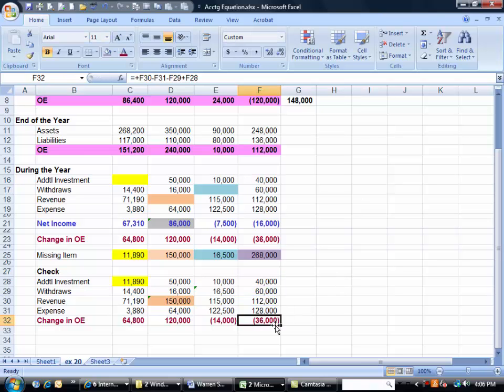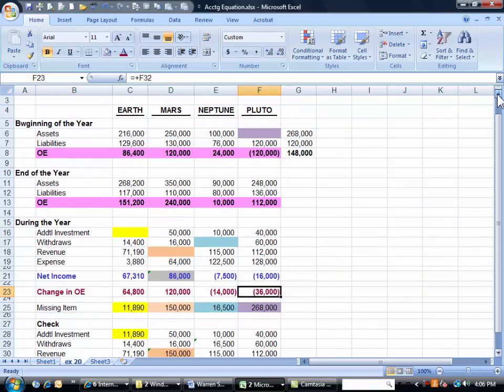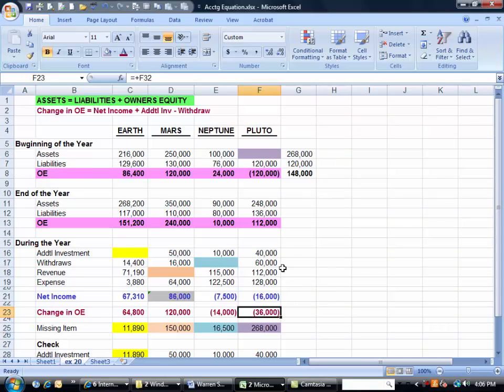So there's my minus $36,000. So I just put that right there so I could back in to my pieces. So I have all the pieces. I just need to back into my assets. So I came over here and I did it off to the side for you. You know, this is just a formula that's going to go away when I change it. You know that the beginning owner's equity is the ending owner's equity less the change.